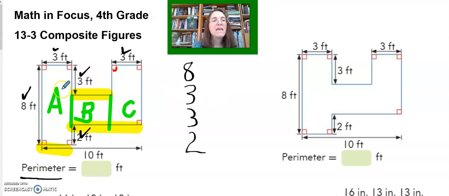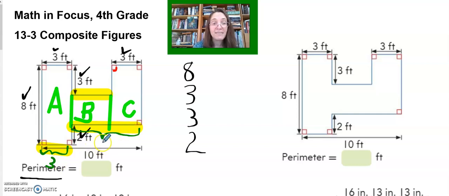So here we go. If this right here, rectangle A, is 8 feet long and 3 feet wide, or I could say 8 feet wide and 3 feet long, then I know that this edge down here will also be 3. I also know that this edge right here, if it's 10 feet all the way across, then if I take 3 right here and take that away from 10, I will find out this length.